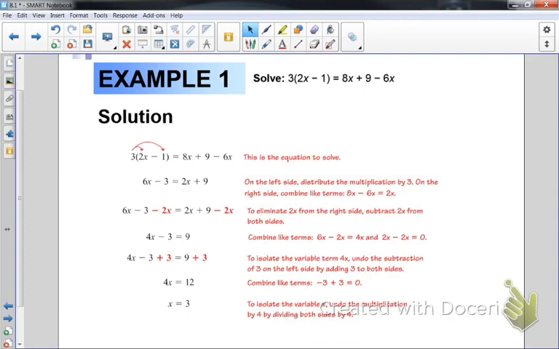Now, there are 3 things that we need to know about this section. Number one is one solution. As you can see, this one is set up to say that x has exactly one solution, because as you go through it, using the distributive property, combining like terms, and isolating the variable by moving things through, making sure that all the x's are on one side and all the numbers are on the other side, we start noticing that x actually does have one solution.